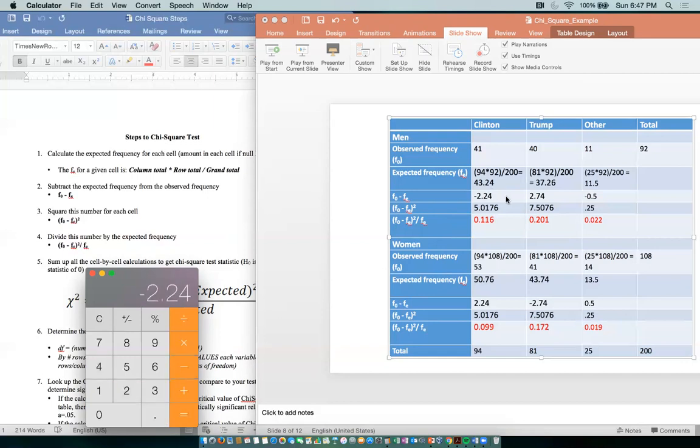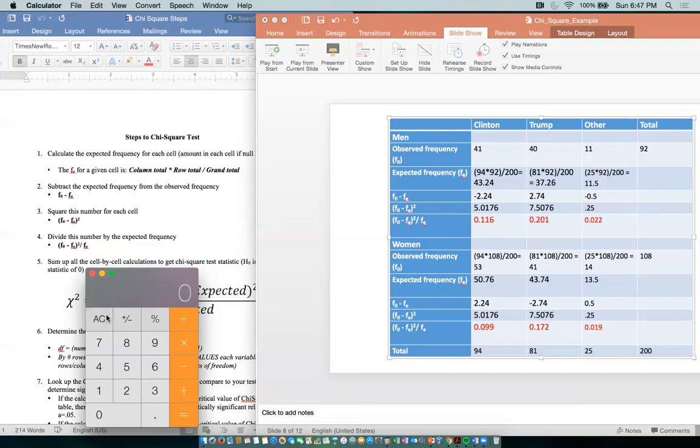That's negative 2.24. If I look at women voting for Clinton, my observed is 53, my expected is 50.76. That is positive 2.24. So as you're noticing here, these things are going to look like they're canceling out. So negative 2.24 plus 2.24 is 0.